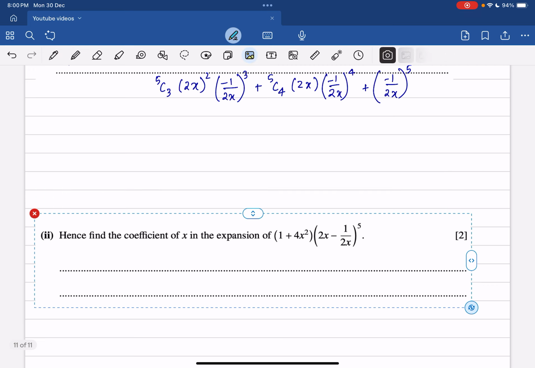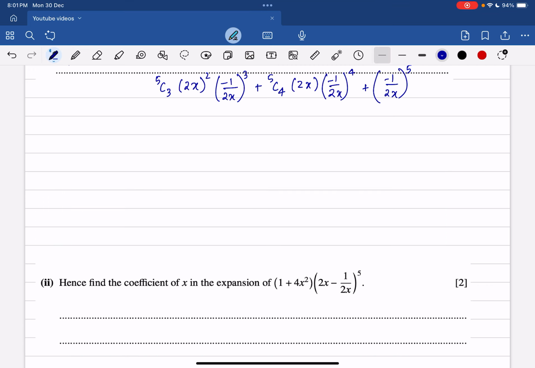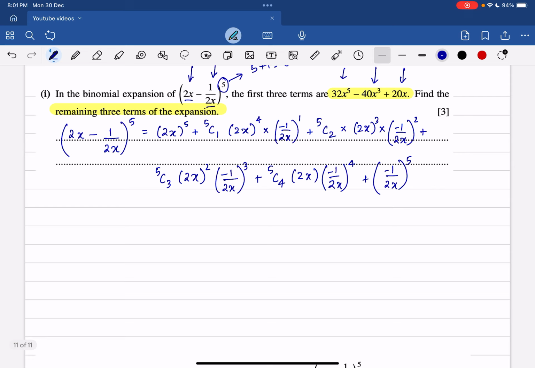I will have to push this down a little bit so that we get a little bit of space above over here. Let's see what are we getting over here.